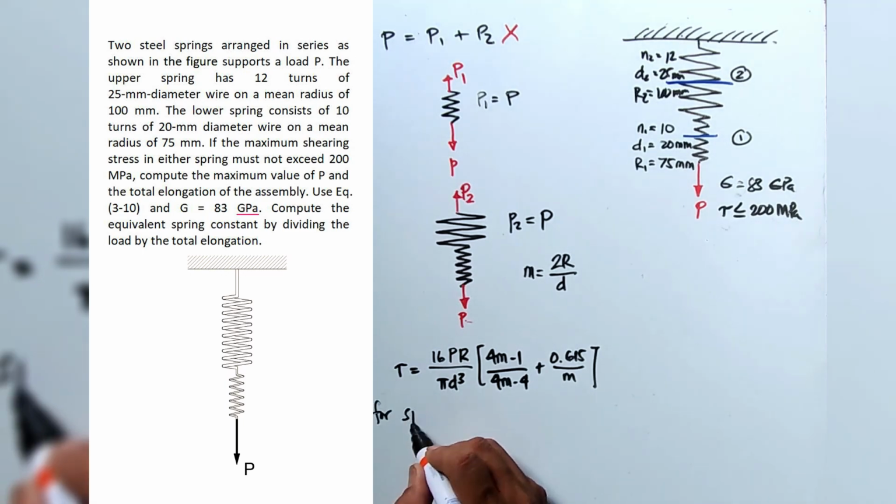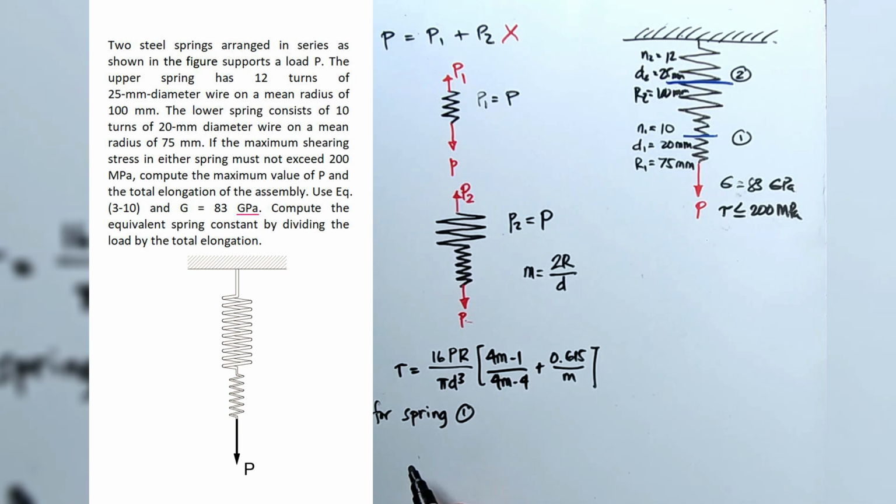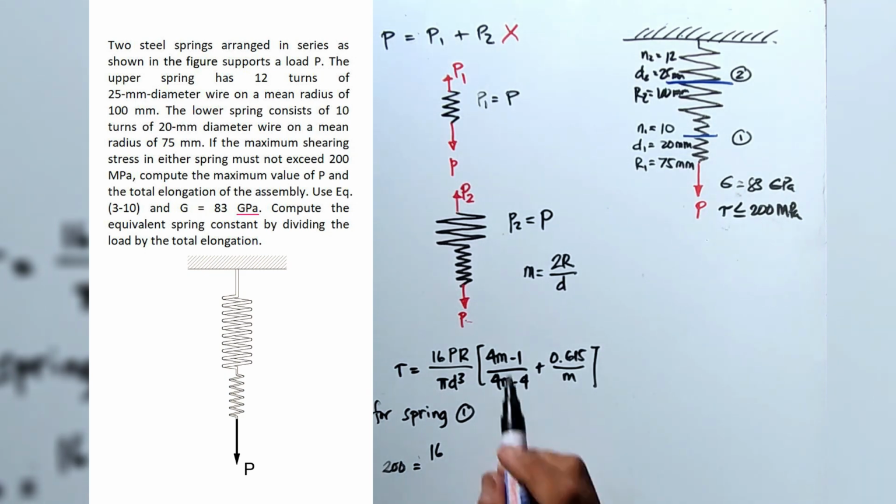So for spring 1, we will use the maximum allowable shearing stress of 200 equals 16. P sub 1 is equal to P, so let's just use P. R sub 1 is 75, then divided by pi, D sub 1 is 20 cube times 4m.